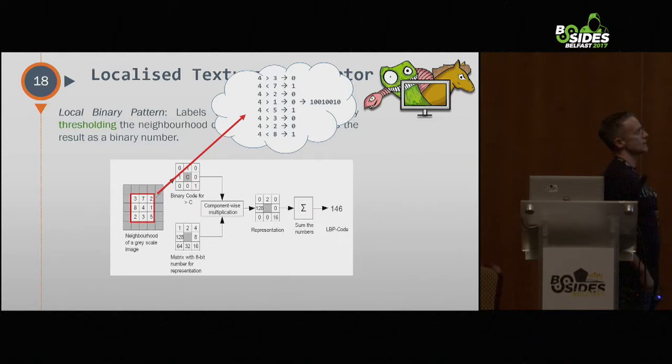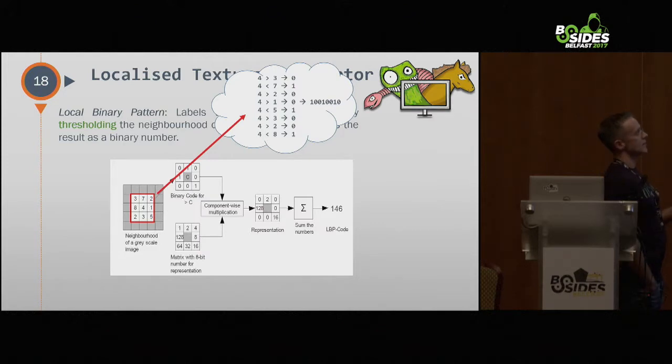So these numbers represent grayscale pixel intensities. The way the algorithm works, if any of the neighboring pixels has a value less than or equal to the center pixel, it's given a 0. It's thresholded to 0. Otherwise, if it's above, it's given a 1.